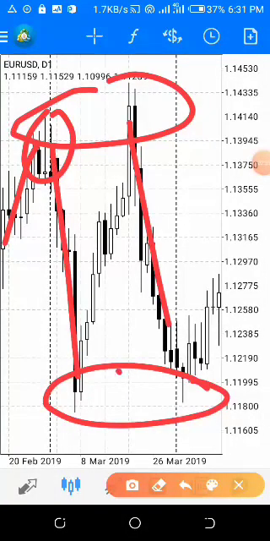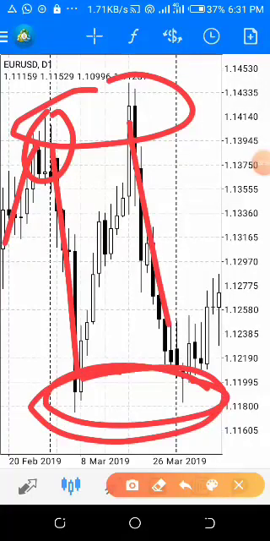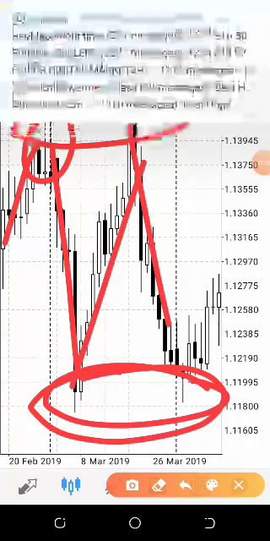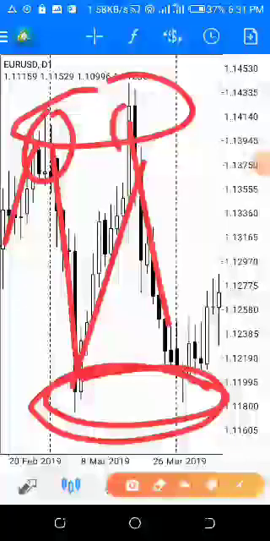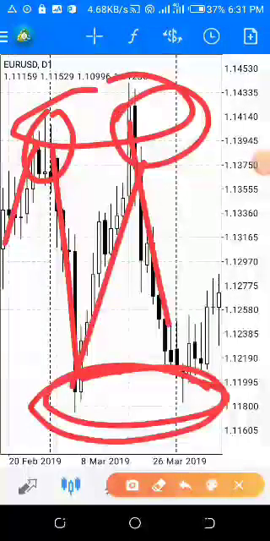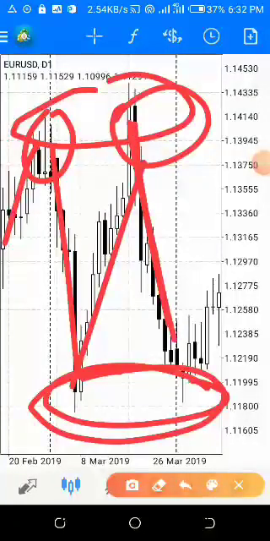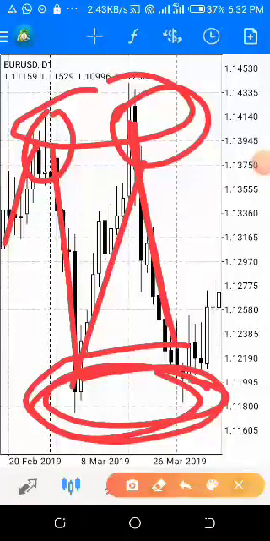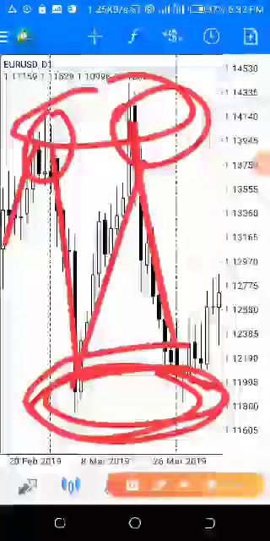This move down here created this demand zone, and then this move up here showed us that there is a zone actually here, meaning that once you see this price rejection coming downward, it would have been the best time to take that sell trade because this demand zone that you're trying to enter is still very fresh.